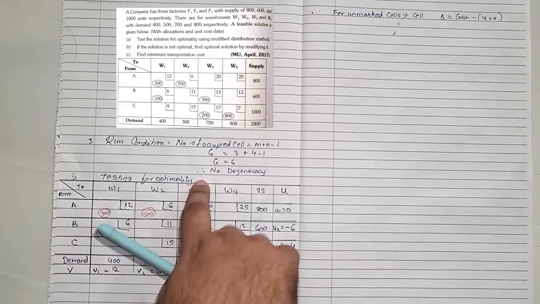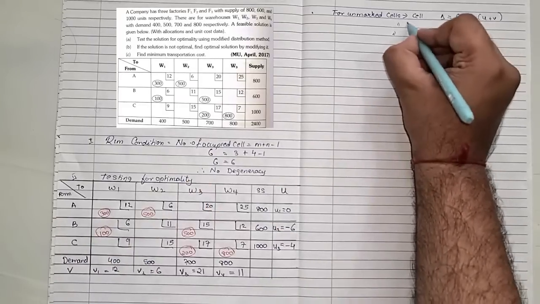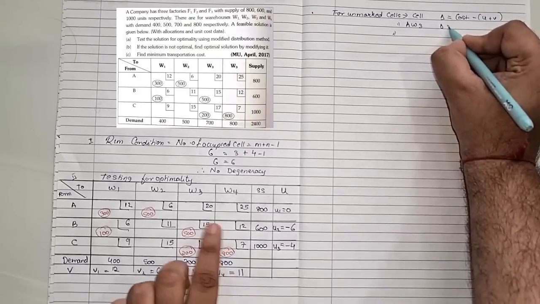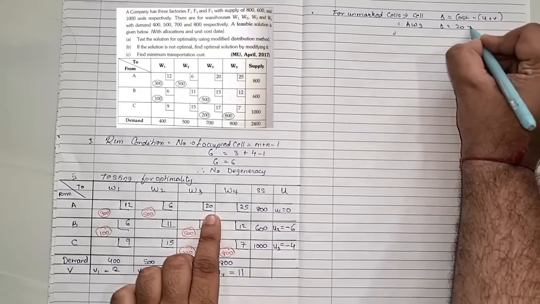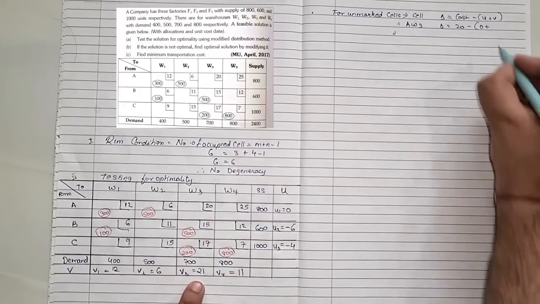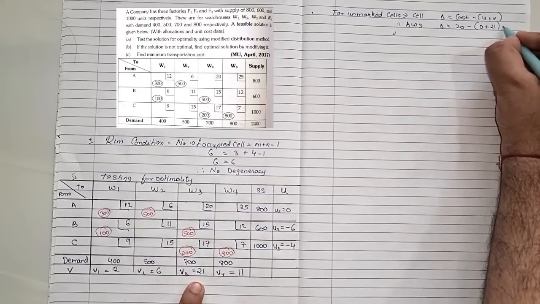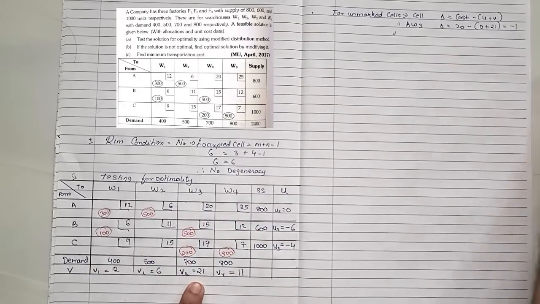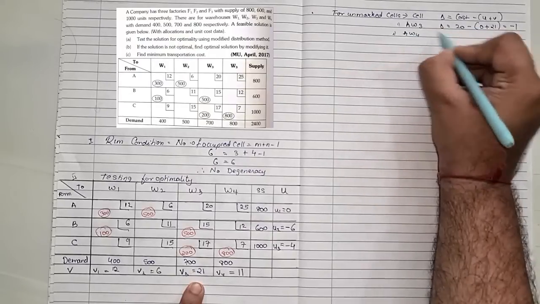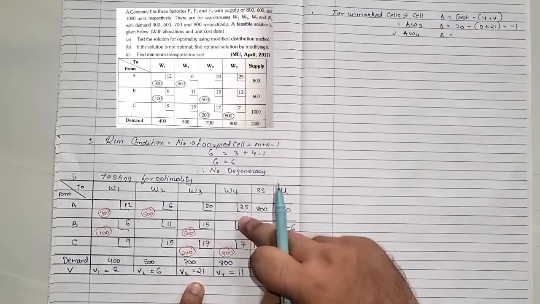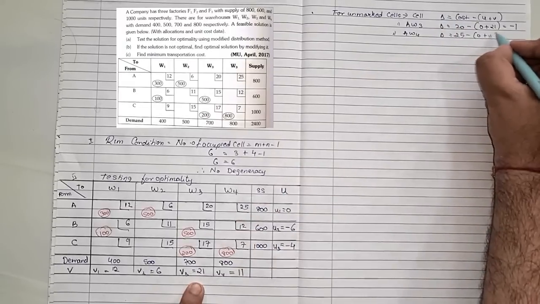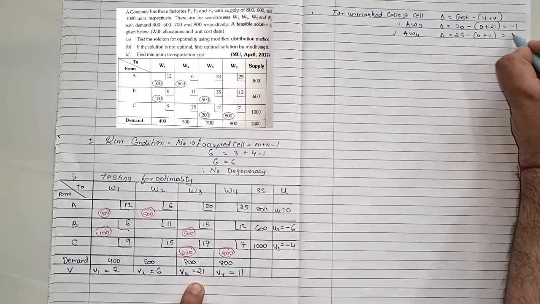The very first one is AW3. So I have AW3, change is equal to 20 minus U plus V, which is 21, so I get negative 1. Next is AW4, change is equal to 25 minus 0 plus 11, so 25 minus 11 is 14.